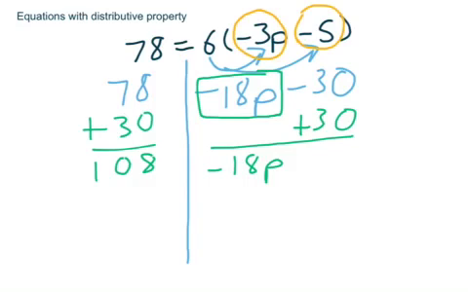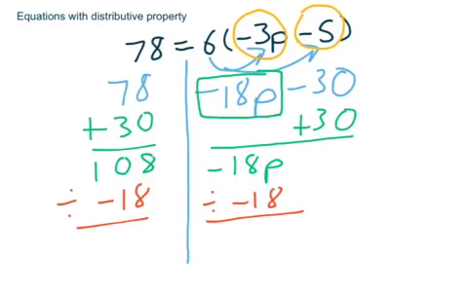I am now going to divide by my coefficient because I have negative 18p, which means that negative 18 is multiplying the p. So divide both sides by negative 18. And I'm left with, those 18s will cancel out, I'm left with a p, and I'm left with a negative 6.